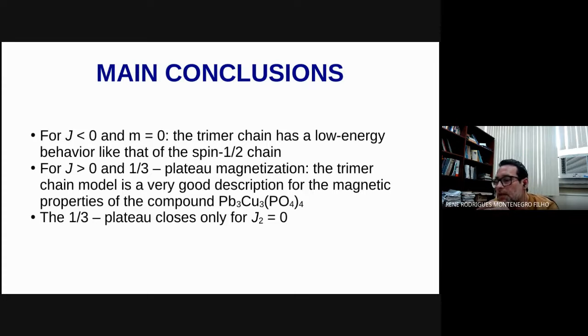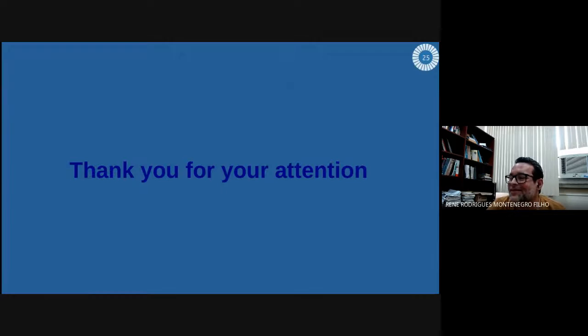The 1/3 plateau closes only for J2 equal to minus infinity. I will correct this one here. Thank you for your attention.